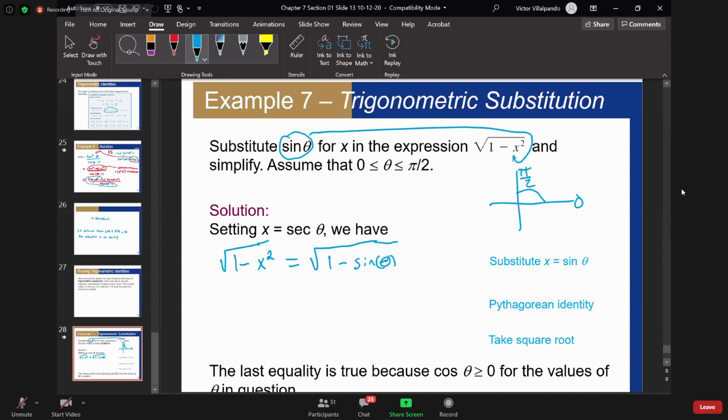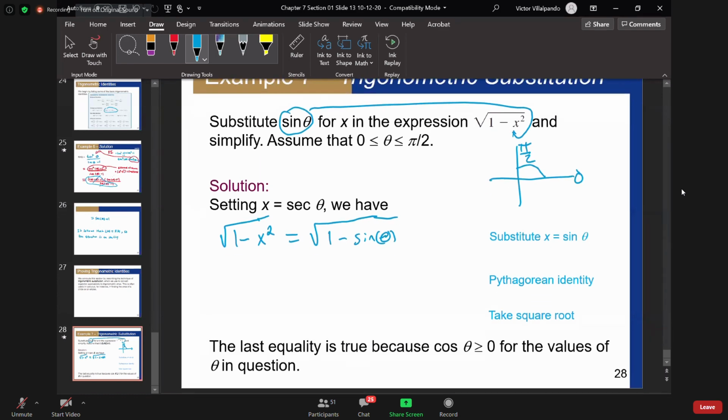So here we have cosine squared of theta plus sine squared of theta is equal to 1. All right. I'm missing something because this x has a square, so there should be a square here on the side. Apologize. Right? Can't forget about the square.